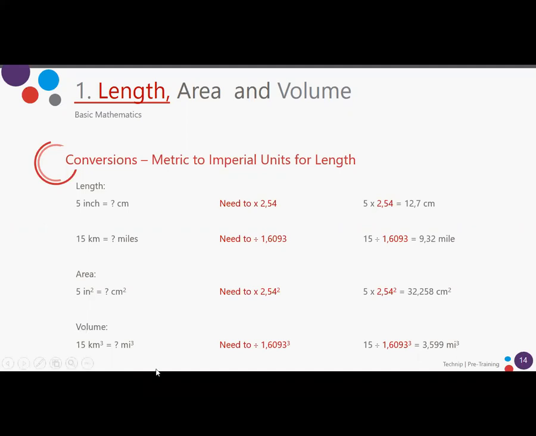Volume. So 15 cubic kilometers expressed in cubic miles. What we have to do is divide 15 by 1.6093 cubed, and that will bring us to the solution of 3.599 cubic miles.